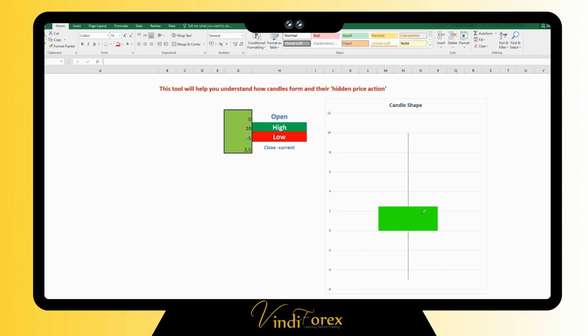We still have the green, we still have the body, which is just 2.5. How do I know that? Yes, 0 is our open, and then the close is 2.5. So from 0 to here is just 2.5, right? Remember the body is what? There's two parameters, open and close, right?